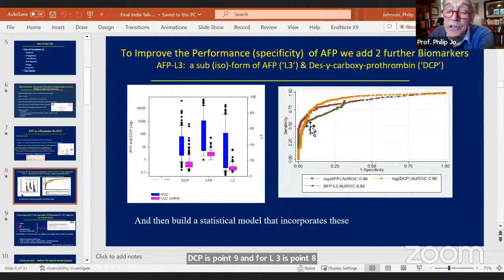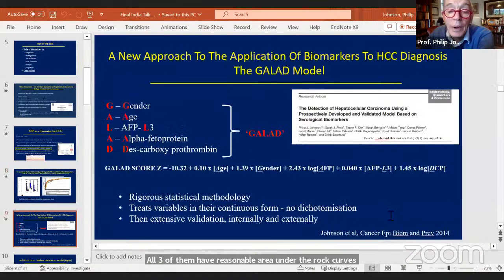So the idea is to take AFP, add in these two additional biomarkers, L3, which is an isoform of AFP, and des-carboxyprothrombin. All three of them have reasonable area under the ROC curves. So we add these together and we come up with a score that is called GALAD.